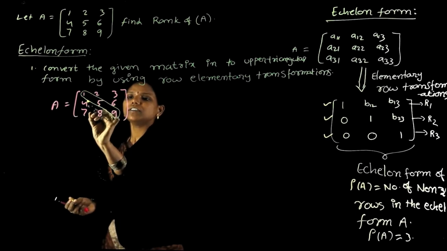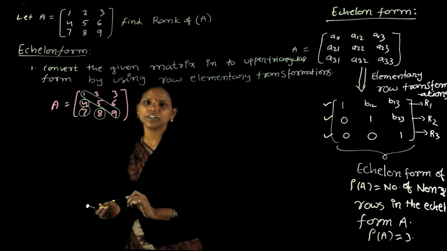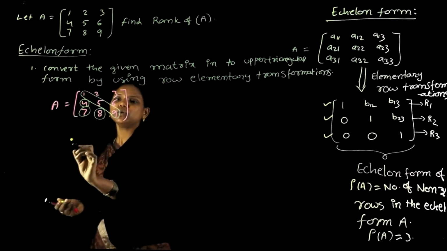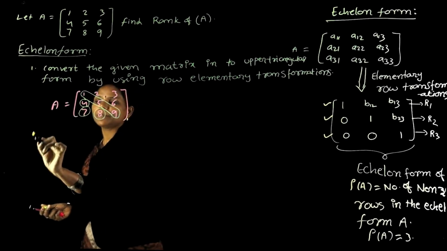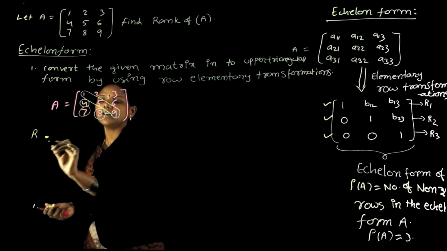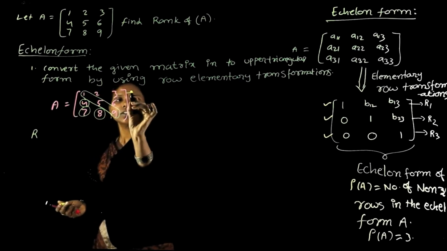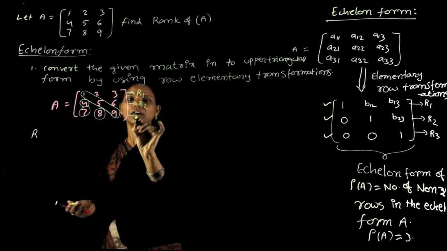If I make these three elements zeros, automatically it will be converted into an upper triangular matrix. For that, I will use row 1 and row 2. In the first step, I will use row 1 to make this 4 as 0. Treat this one as R1, this one as R2, this one as R3.